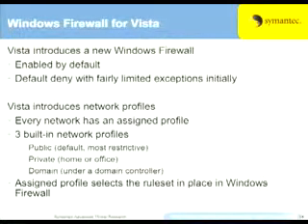In Vista, there's this concept of a profile that each network is in, and the 3 built-in network profiles: public, private, and domain. What this profile is used for, among other things, is that it selects what rule set is in effect in the Windows firewall.